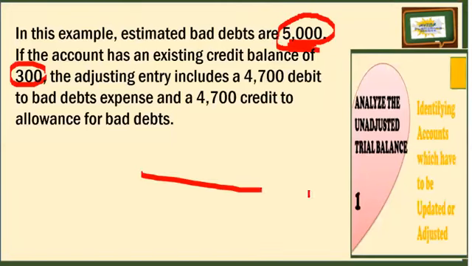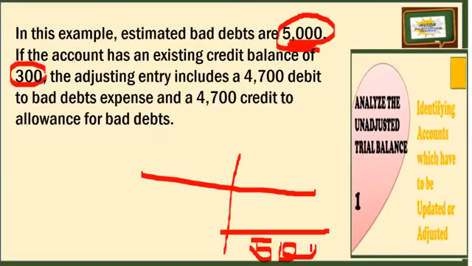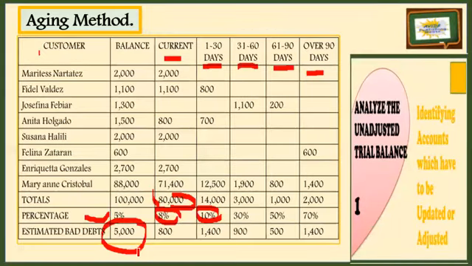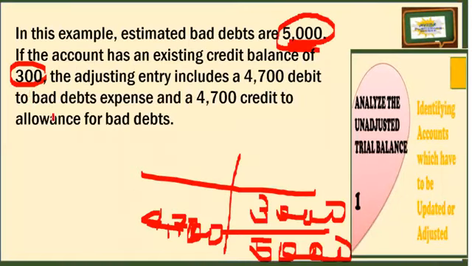So in our ledger, we have to have an ending balance of 5,000. But considering we already have a credit of 300, therefore the adjustment will be 4,700. So it's not 5,000. Although 5,000 is the estimated budget, we already have a balance of 300. So we have to adjust the balance.